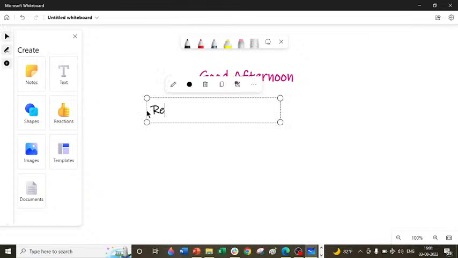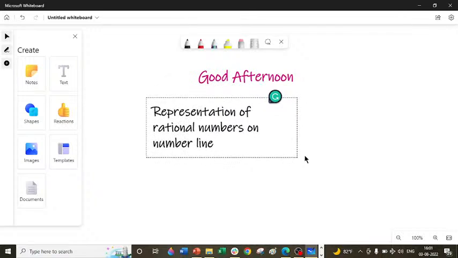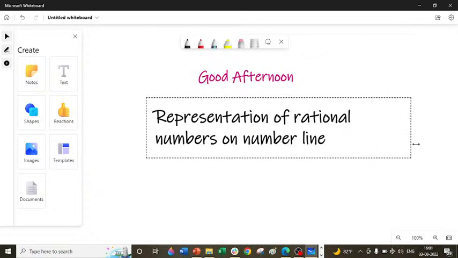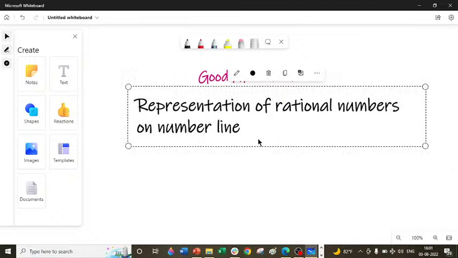Today we are just going to learn about the representation of rational numbers on the number line. Here we are going to learn how to represent numbers or fractions on a number line.